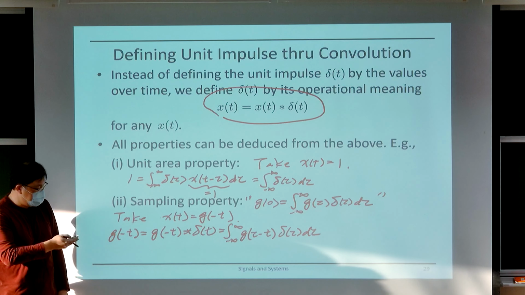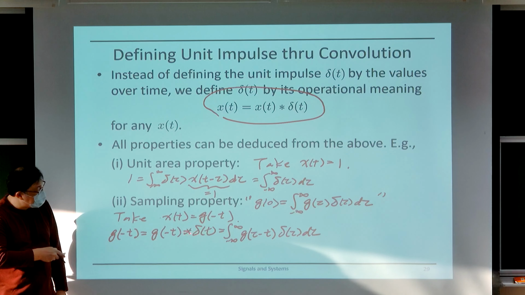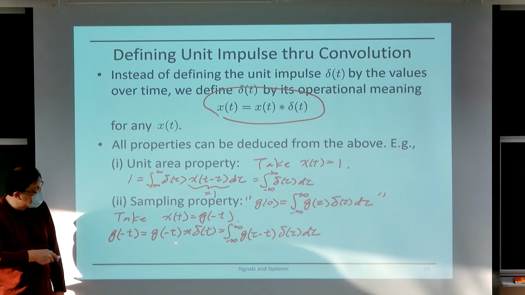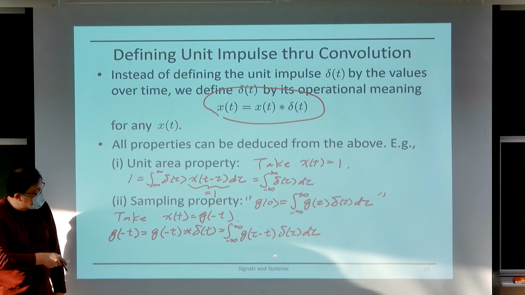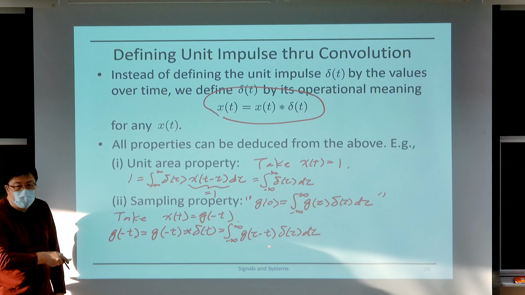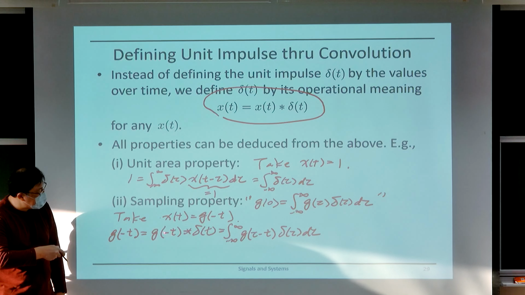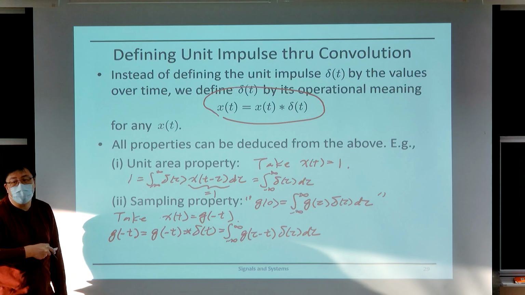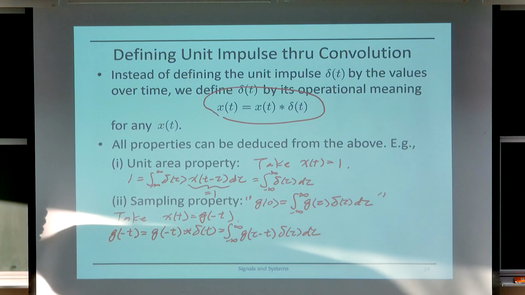Originally the convolution of a function g of t and delta of t would be the integral of delta of tau and g of t minus tau. But since there is a minus sign here, this should be tau minus t instead of t minus tau.